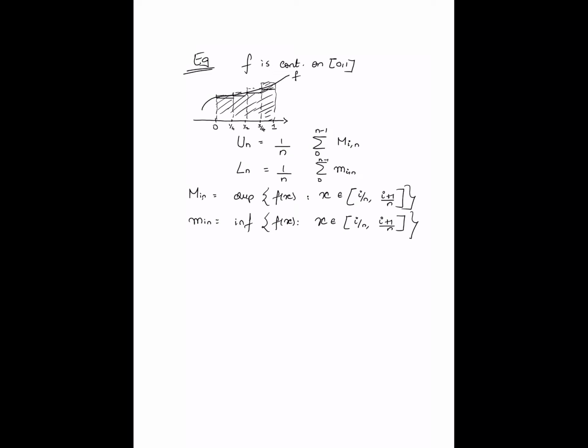If you look at the summation here, it is the sum of the supremum values within each of the subintervals, times the length of the subinterval, which is 1/n. It basically gives you an upper approximation for the integral of the function, let me just say, the area under the curve.